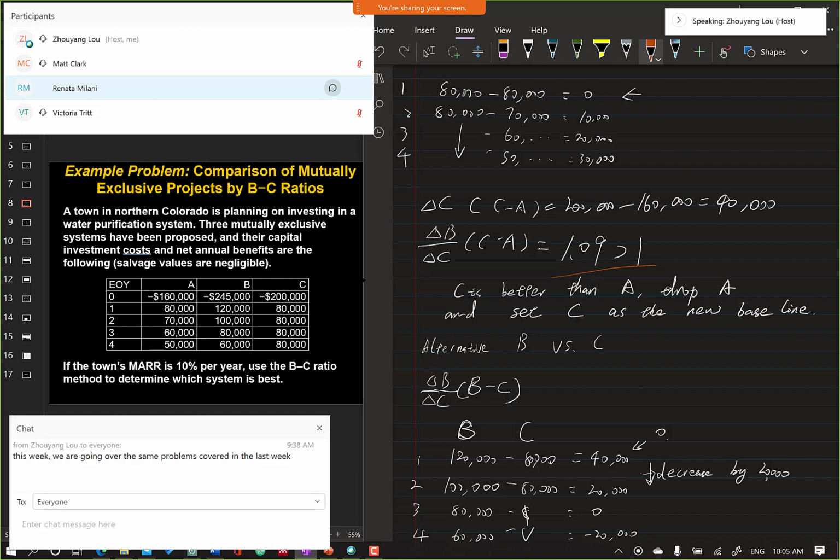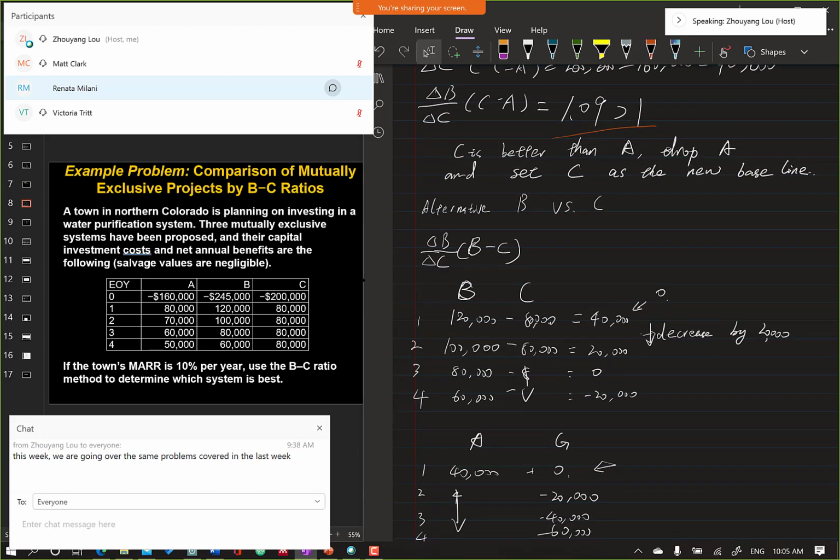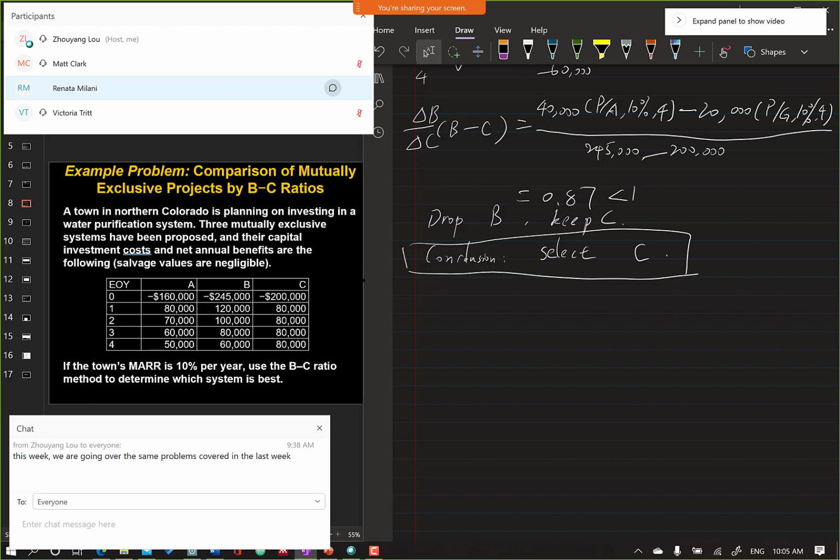If that's less than 1, we will drop the current one and keep the original baseline. And then this procedure is repeated again and again to exhaust all the alternative projects. That will be the general idea behind solving these kinds of problems.